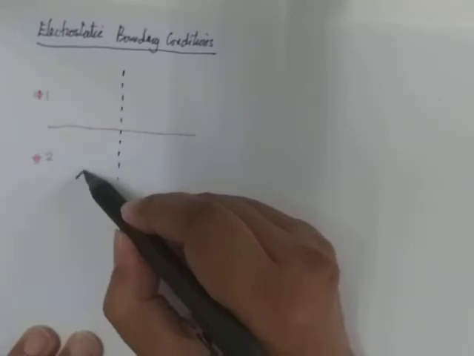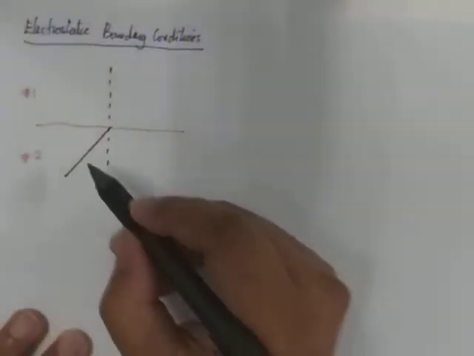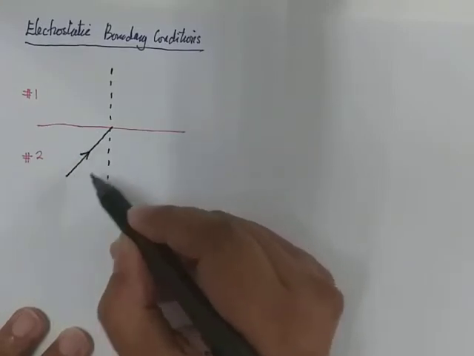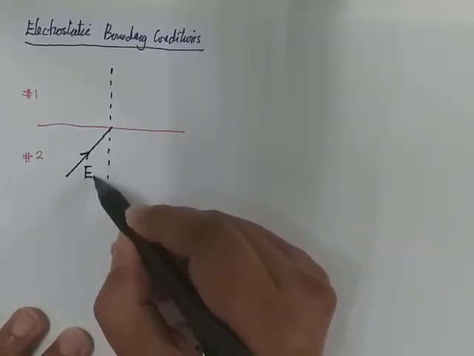So that's the condition we're going to state now. This should be the normal to the boundary. This should be representing my field in medium number 2, so it's the electric field. I'm going to denote it as E2.